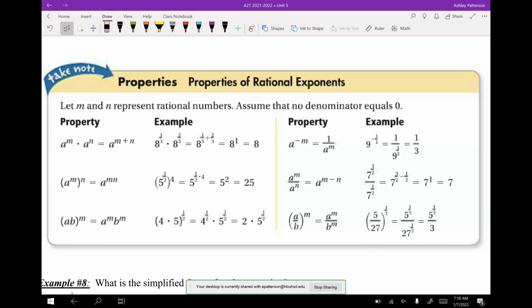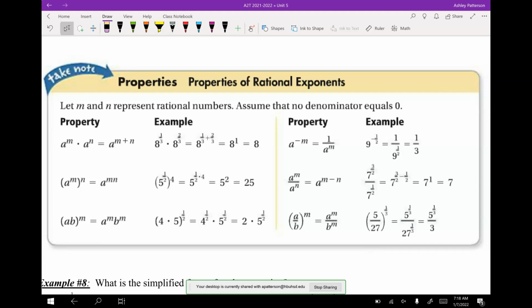What if we were dividing the same bases? We subtract them. It's always the numerator exponent minus the denominator exponent. What if I had a power raised to a power? We multiplied the two powers together.